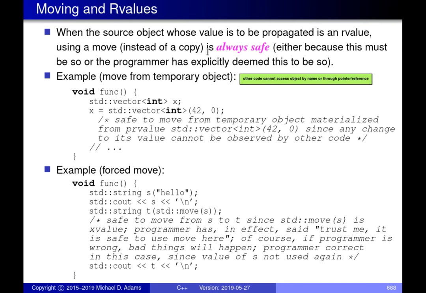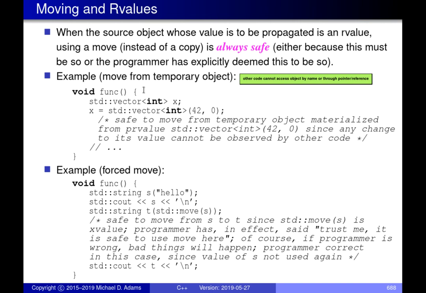The only way it can negatively impact your code is if some part of the code observes that mangled value, doesn't realize it's been mangled, goes on in blissful ignorance, uses the value, and bad things happen. So the variable has to be observable by some other part of the code for it to actually do something wrong. The special thing about temporary objects is that it's impossible for anyone else to observe the value having been mangled. And maybe this can be illustrated by way of a simple example.